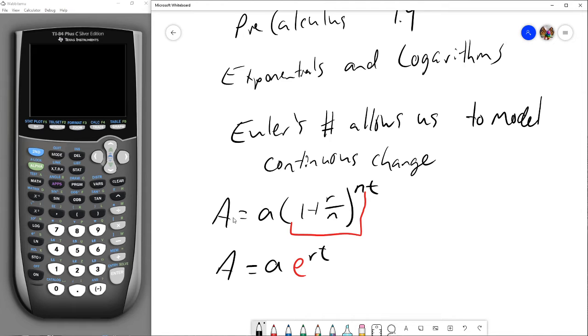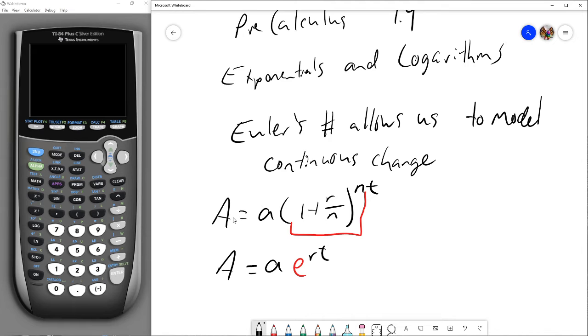So this whole term is now condensed to the amount initially invested times Euler's number to the interest rate times time power. Now, some of you might be a little skeptical about this. There's actually some calculus involved behind this, so we'll have to wait to justify our claims until then. The claim is, by using a little bit of calculus, that we can demonstrate that to model continuous change, we can use Euler's number in this fashion.